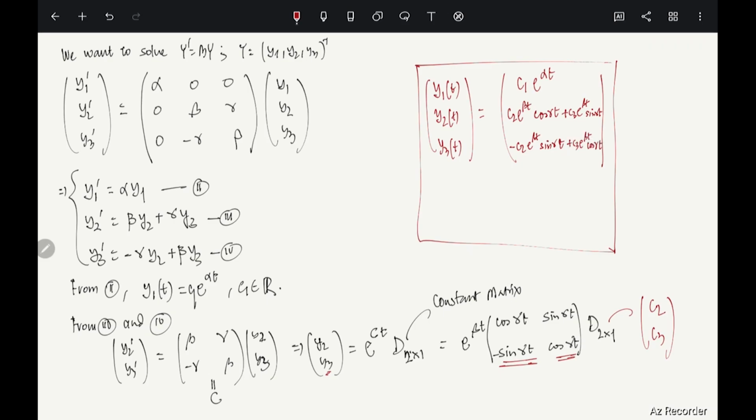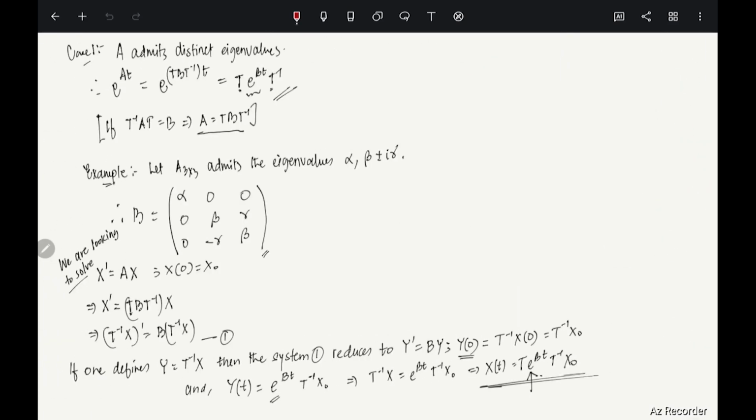Okay, so you see we have the whole expression. So this is the solution, right? This is y of t. So y of t can be written like this. y of t is nothing but this vector. Clear?